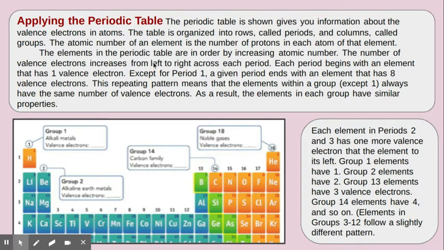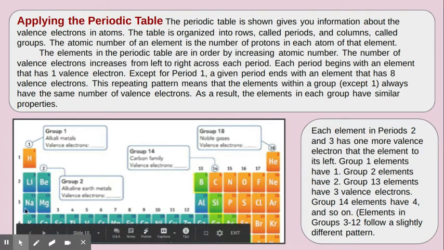Okay, so applying the periodic table shows where all those elements are at, and then you can figure out how many valence electrons. So we are going to find out that group 1 are very reactive. They have 1 dot, 1 valence electron. They are really super ready to make a chemical bond or a chemical reaction.